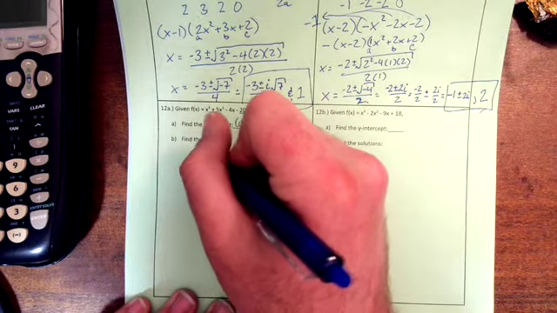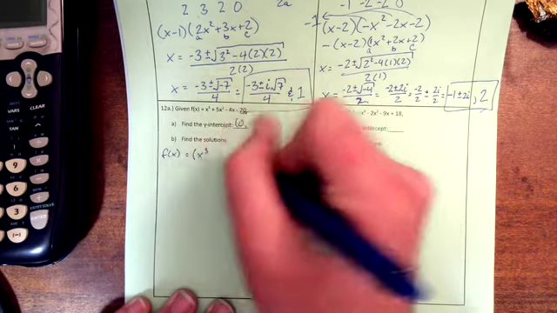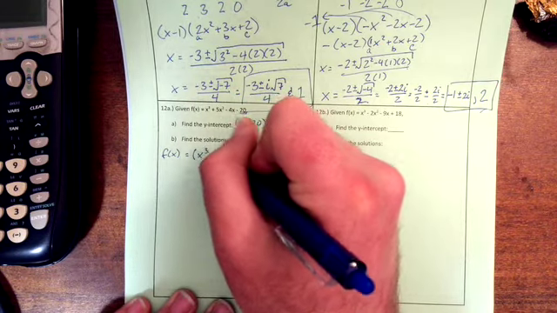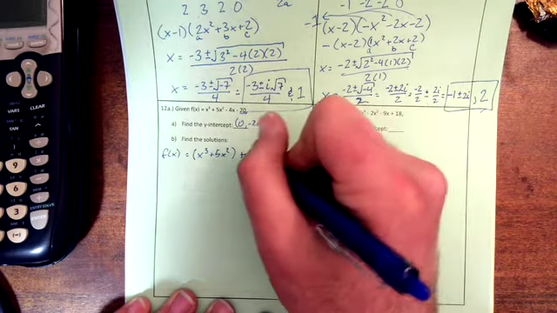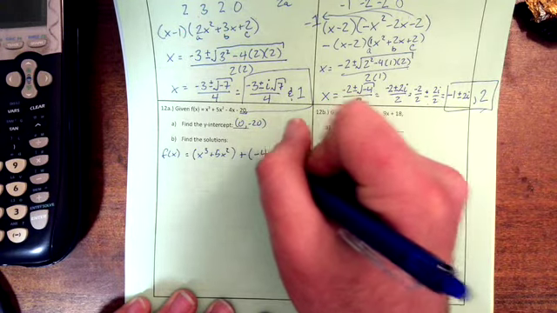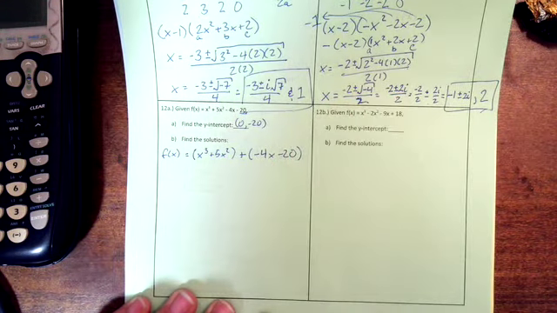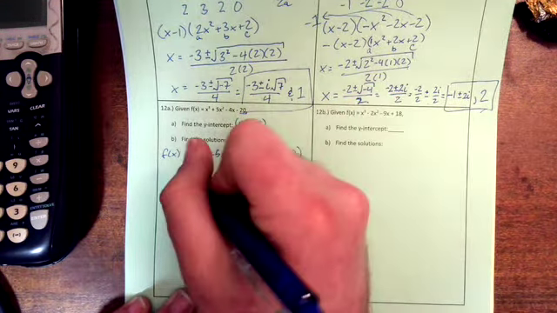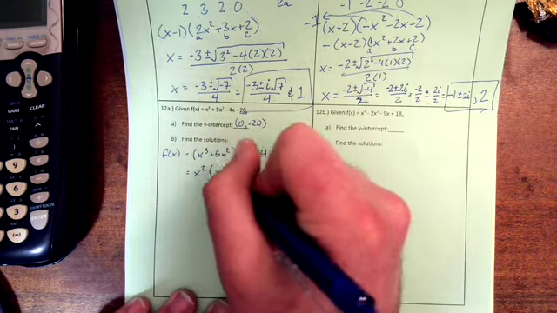I'll take x to the third power and 5x squared together. And then I'm going to throw in my own plus sign as I grab my negative 4x and my minus 20 together. The greatest common factor I can pull out of the first pair is x squared, leaving x plus 5.